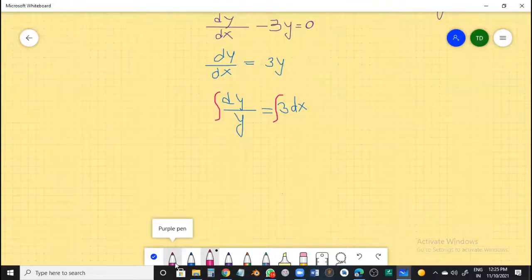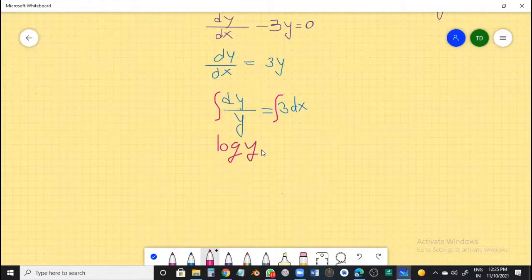Log y, very good. So integration of 1 upon y will be log y. Log y is equal to, 3 is just a constant that comes out of the integration sign, and this is integration dx. So what is the answer? x, very good. 3x you got.